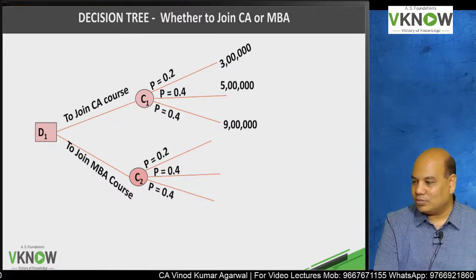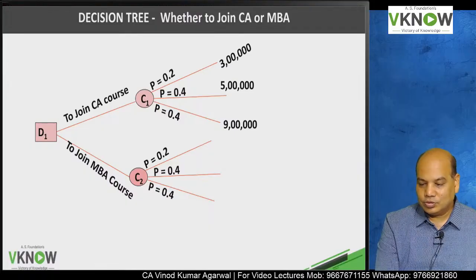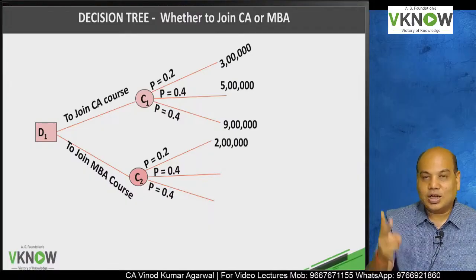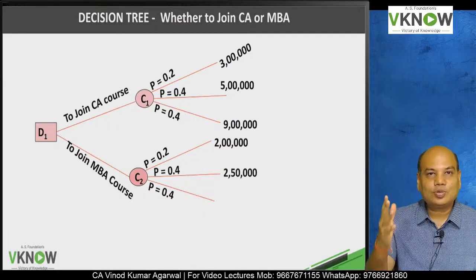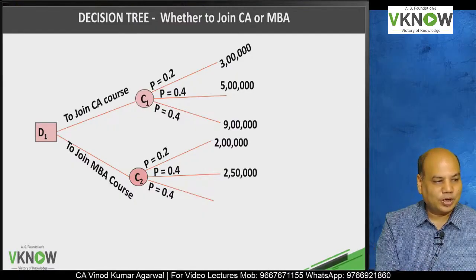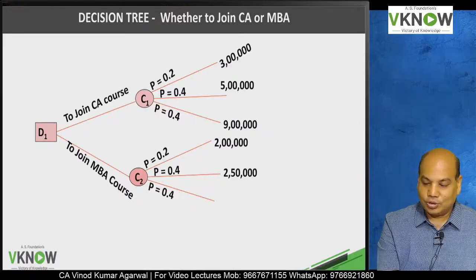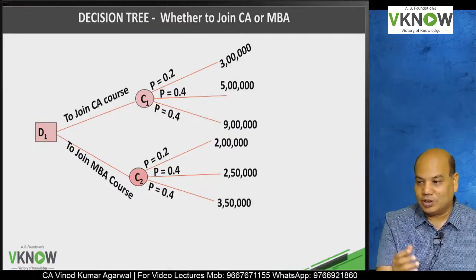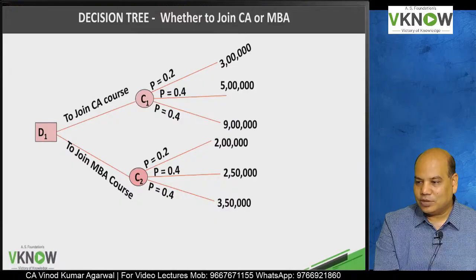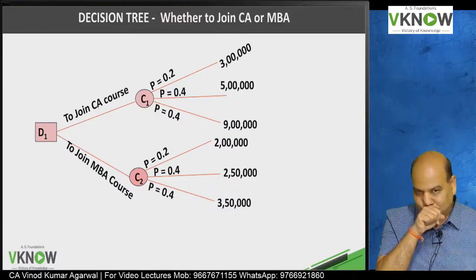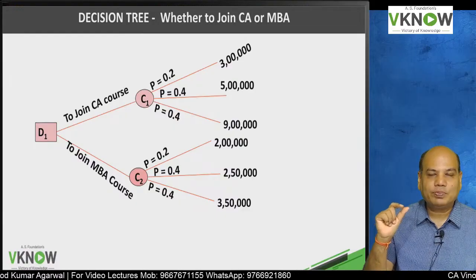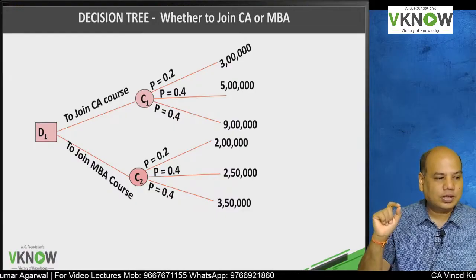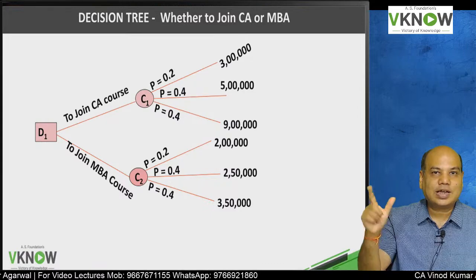So if you do MBA course, you will get 2 lakh rupees with 0.2 probability, or 2,50,000 with 0.4 probability, or you may get 3,50,000 with 0.4 probability. Suppose the decision is taken only on the basis of which course will give me higher salary.